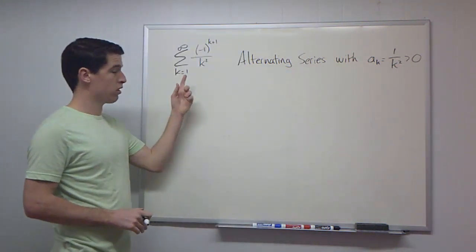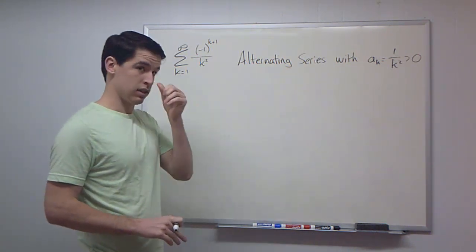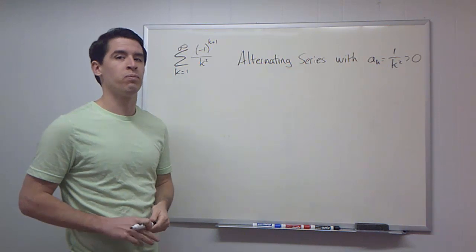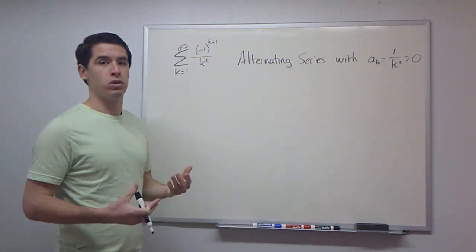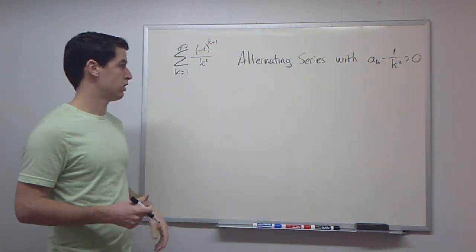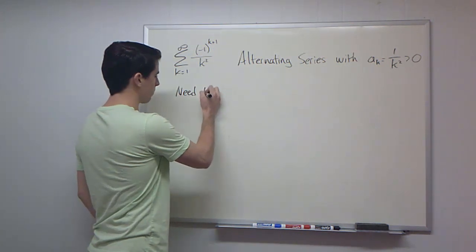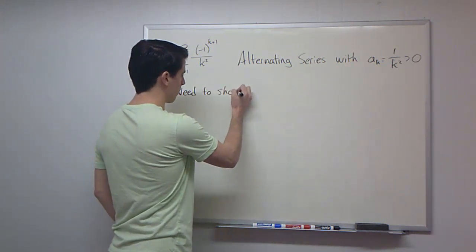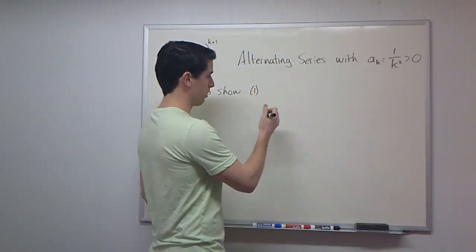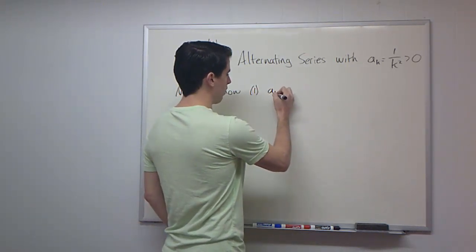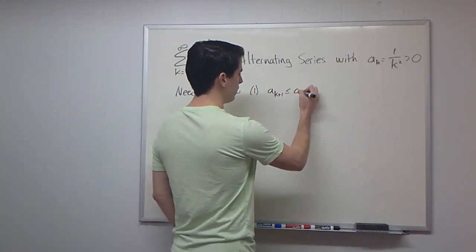Now, to show this series converges, we'll use the alternating series test. And so there are two things that we have to show about these a sub k's to be able to use the alternating series test to show that this converges. The first thing we have to show is that the terms of this series are decreasing.